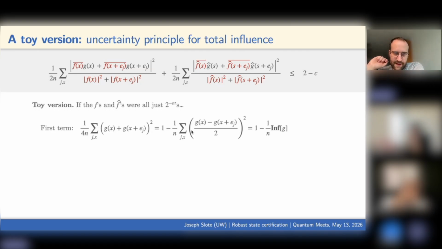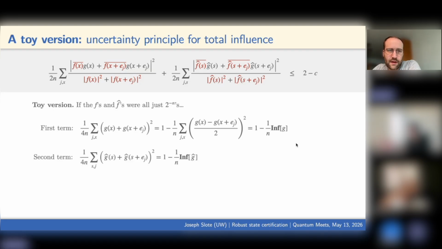So in this fantasy world where our target state had associated function f, which is just a constant positive number, the expected outcome for the standard basis version is literally just 1 minus 1 over n times the total influence of this function g, which was the function associated with the lab state. And similarly, the second term is 1 minus 1 over n times the total influence of g hat, maybe unsurprisingly.